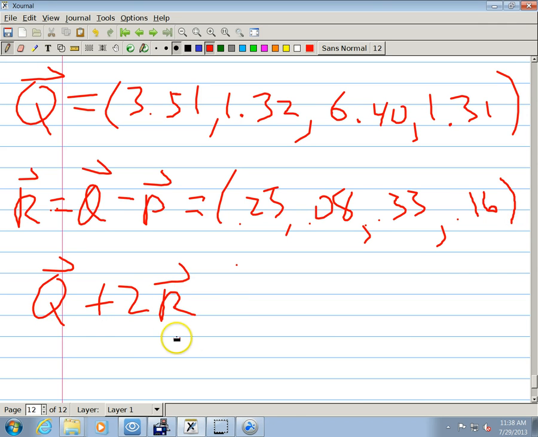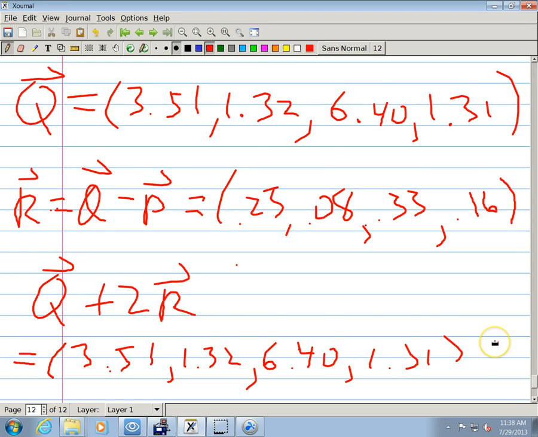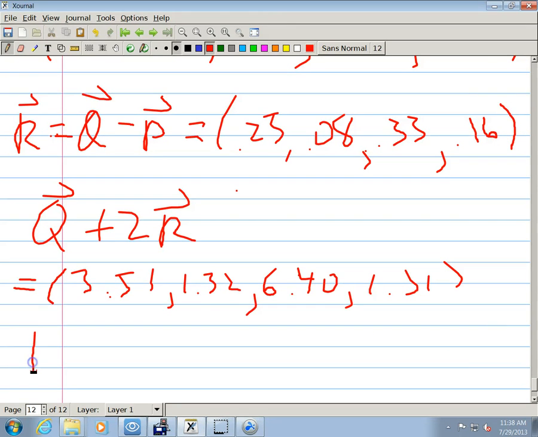So how do you do Q plus 2R? You do Q, which is L1, but I'm going to do it on paper now: 3.51, 1.32, 6.40, 1.31, and I'm going to add to it 2 times the increase, which was 0.23, 0.08, 0.33, 0.16.